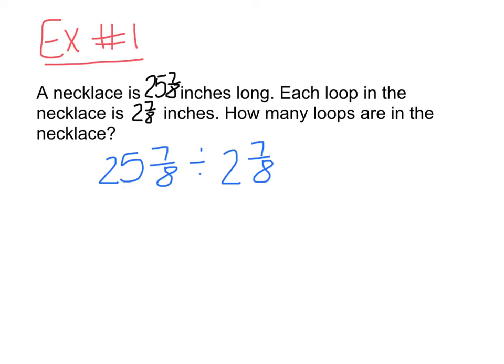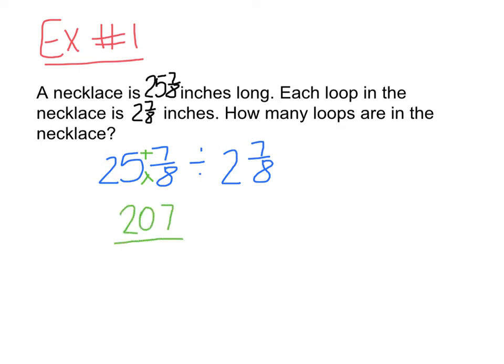So in order to solve this, we have to change both of these numbers to improper fractions. To do that, we multiply the whole number times the denominator, and then we add the numerator. So we have 25 times 8 is 200, plus the 7 makes it 207.